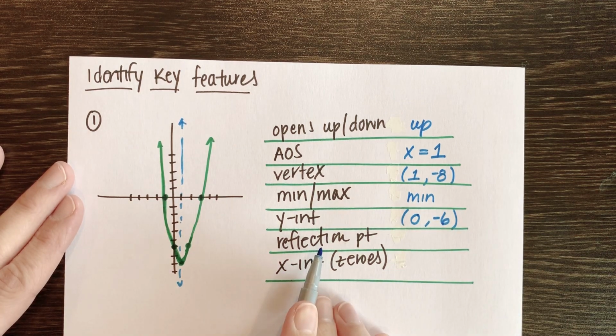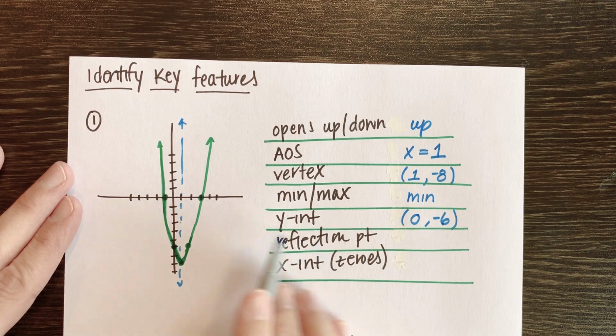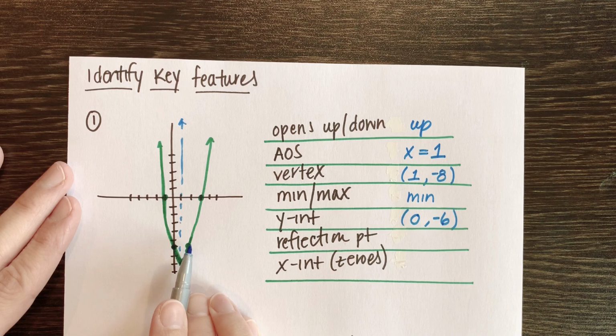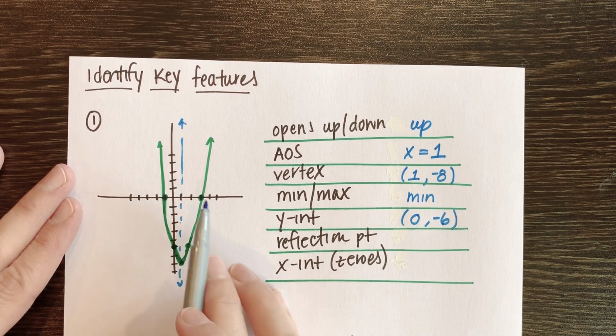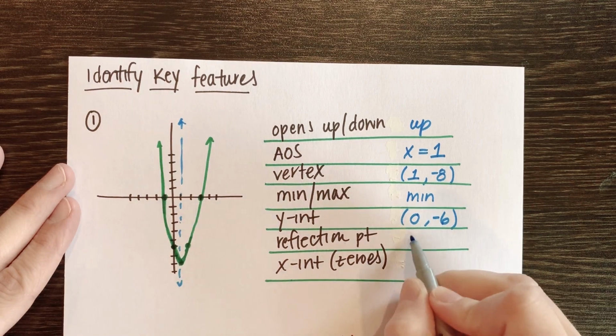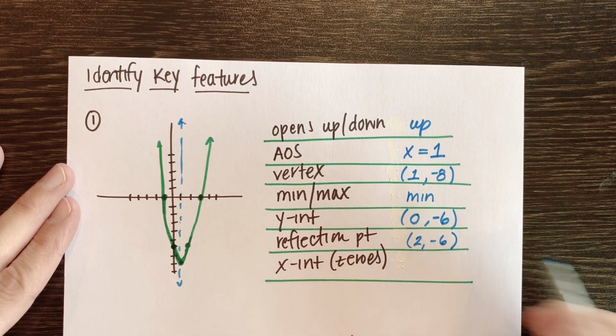Now, this is what I was talking about before with that reflection point. The reflection point is just the mirror image of that y-intercept. So again, I'm just pulling these coordinates off of my graph. What is this ordered pair, this coordinate? Okay, well, it's (2, -6).